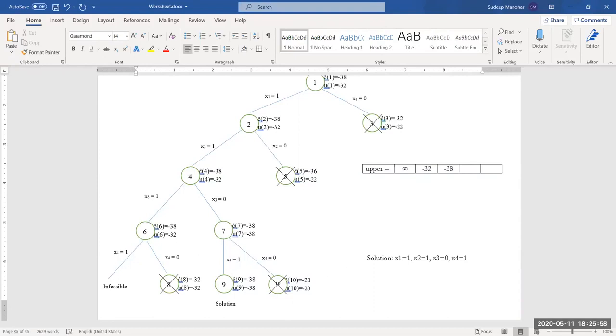What is the profit? The C cap of 9 value associated with this node 9 is the value. Profit is 38. Don't consider the negative sign; put the positive value. That is, 38 is the profit obtained for this problem.